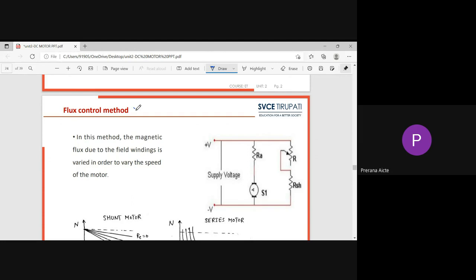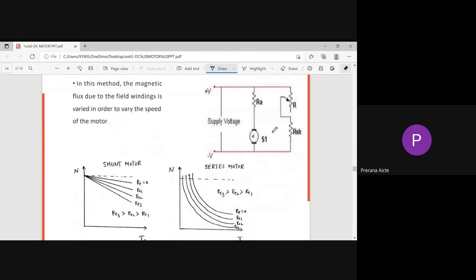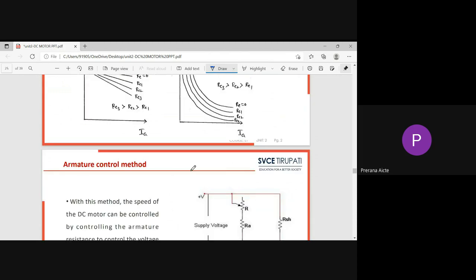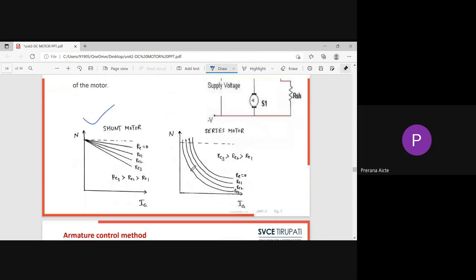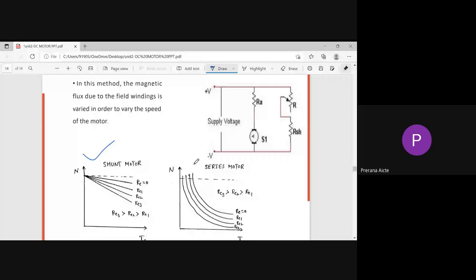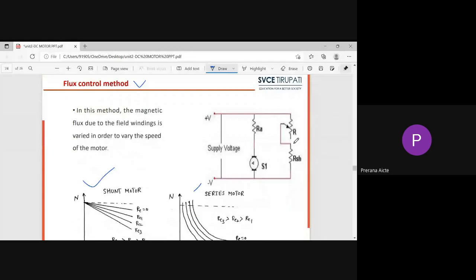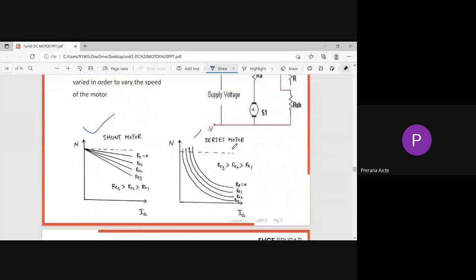Next, the first one, flux control method for a shunt motor. It is a shunt motor characteristics, and these are series motor characteristics. Here, see the circuit diagram.